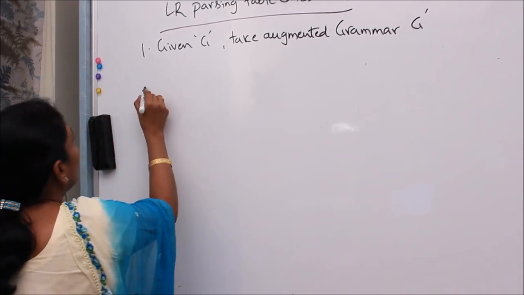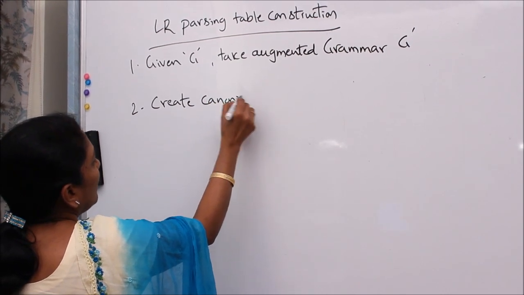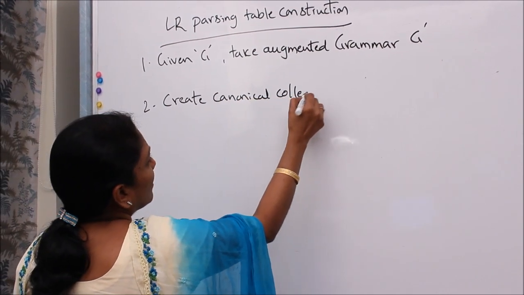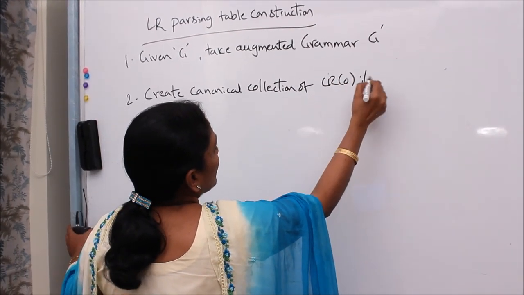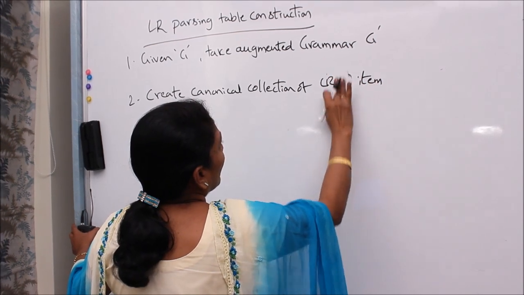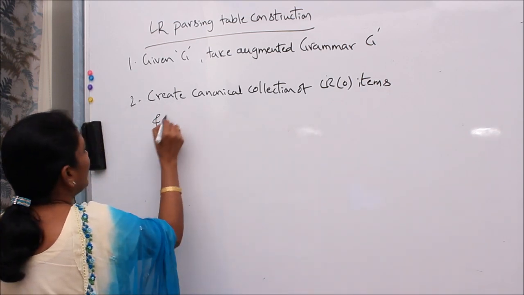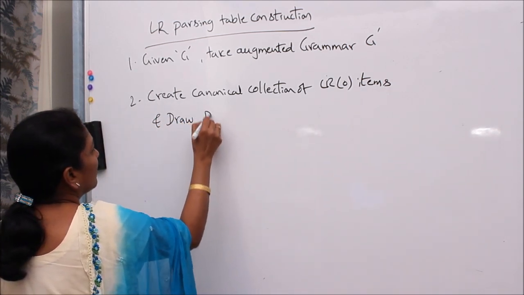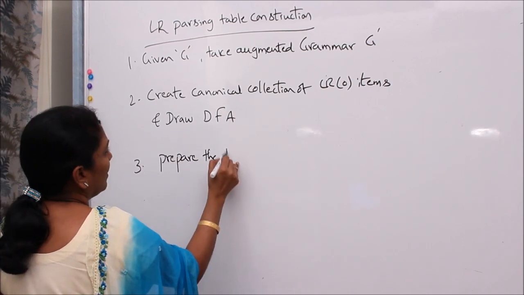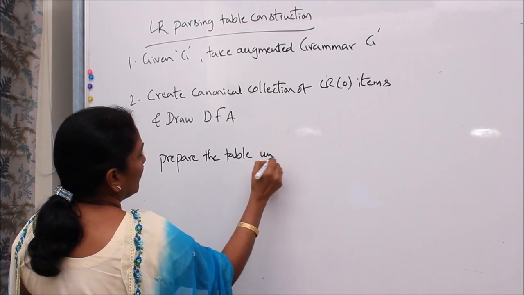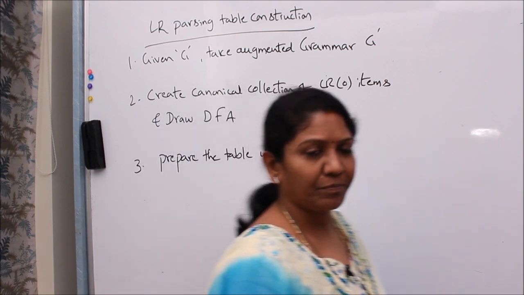Then create canonical collection of LR0 items and draw DFA. Then create the table using DFA. We can say even reduce the DFA to table.